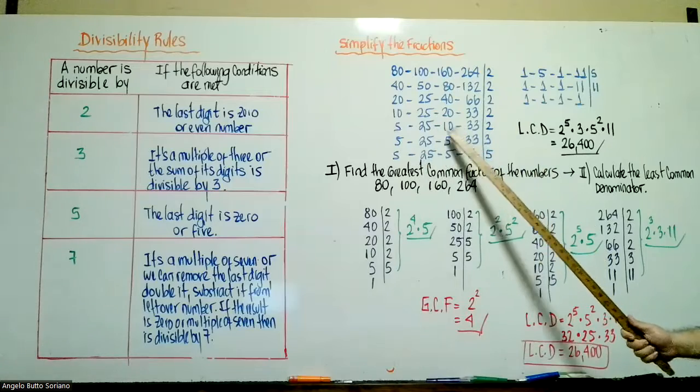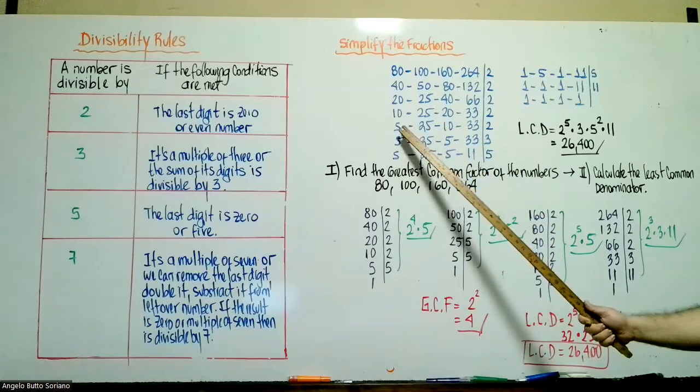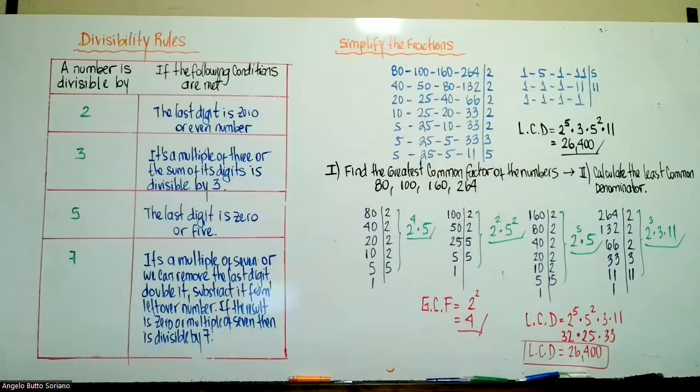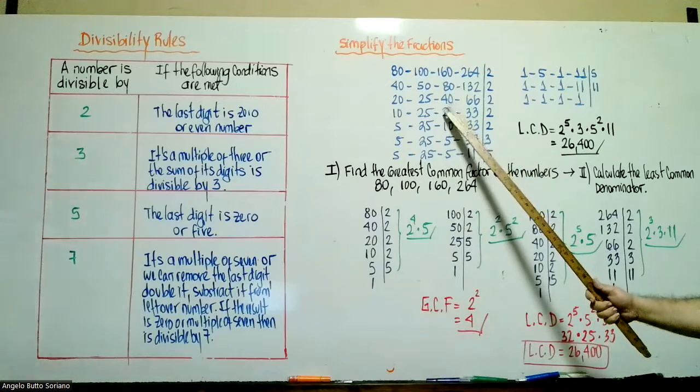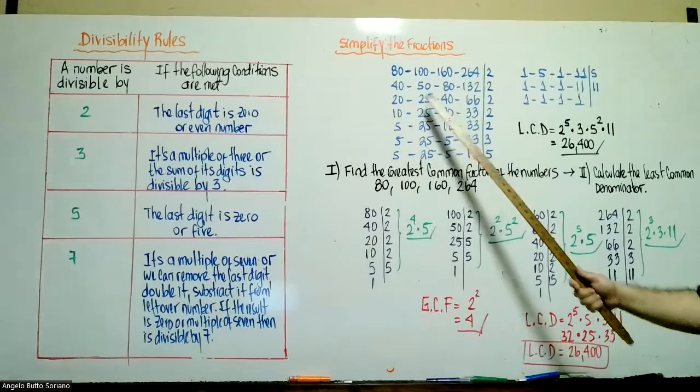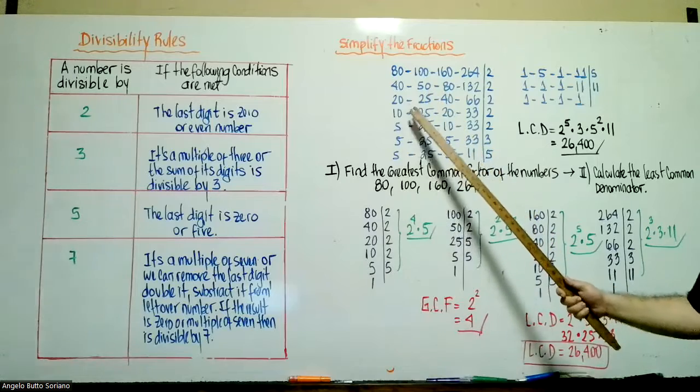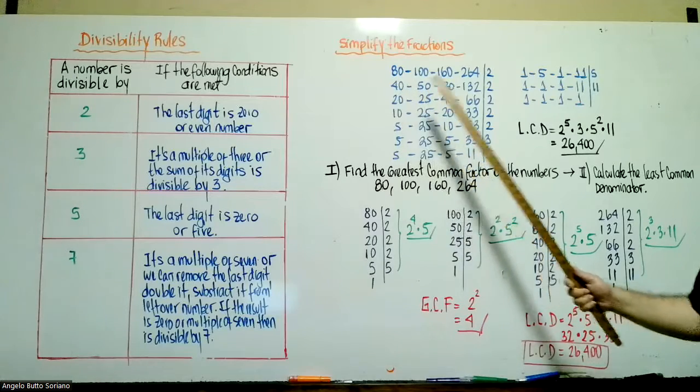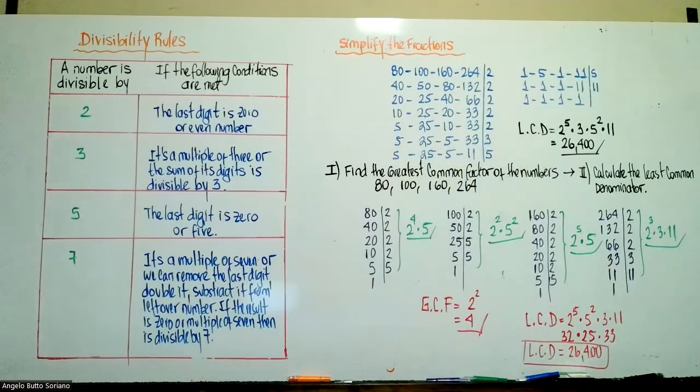Cuando llegamos a este renglón que quedó 5, 25, 10 y 33, en el tercero, los únicos que se podían dividir entre dos eran el 20, 40 y 66. Pero el 25 no, porque se divide entre 5. Entonces, ¿nosotros qué hacemos?